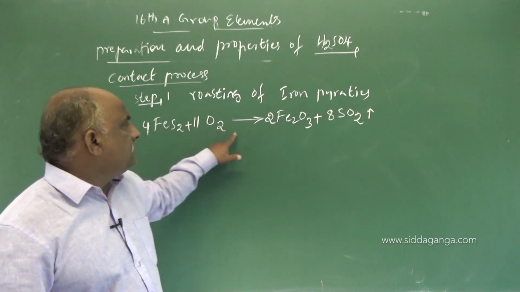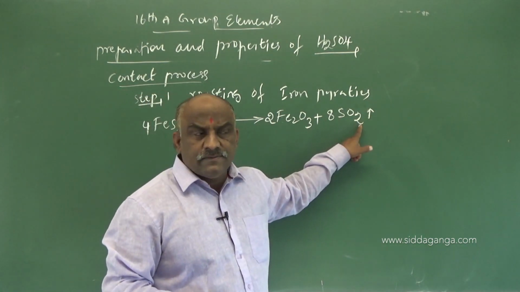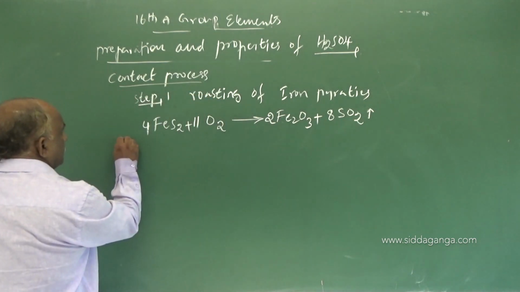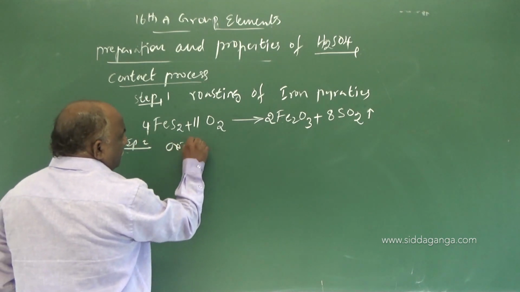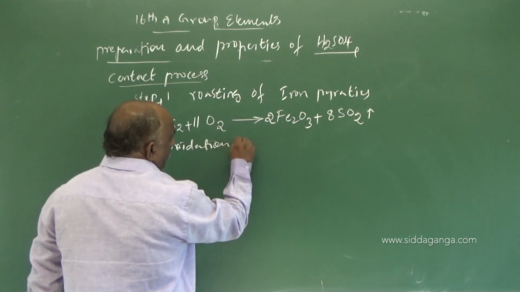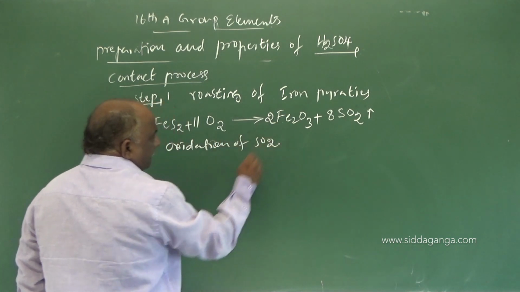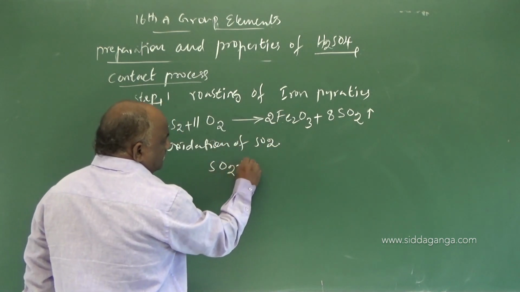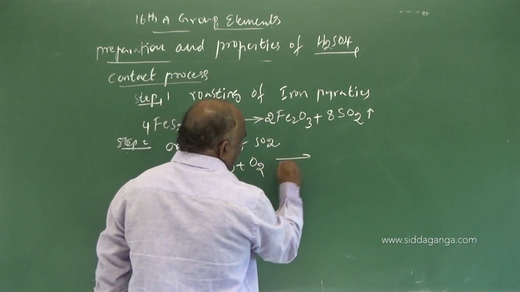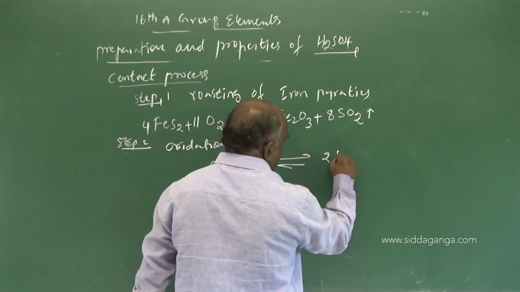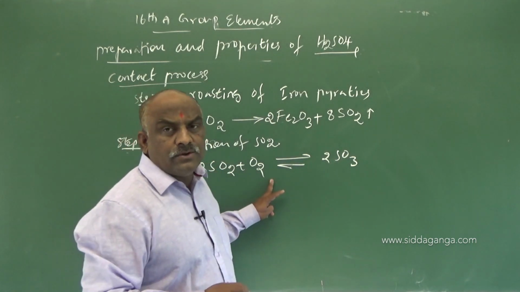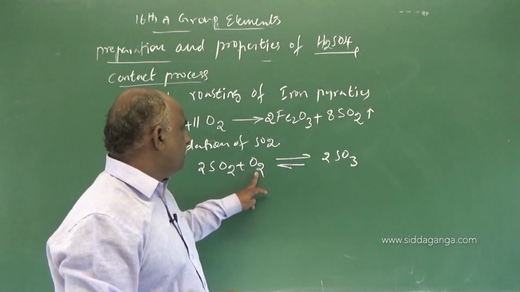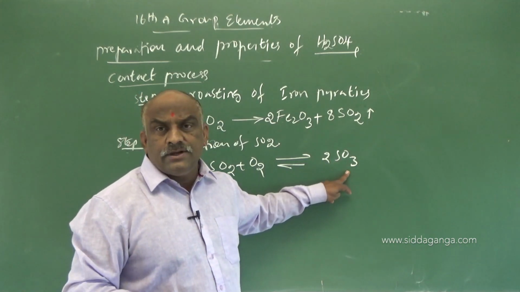Roasting of iron pyrites liberates which gas? SO2 gas. And step 2, oxidation of SO2. 2SO2 plus O2 is in equilibrium with 2SO3.